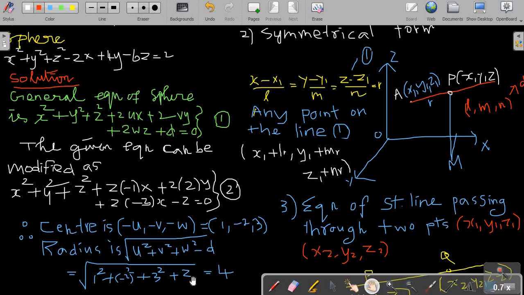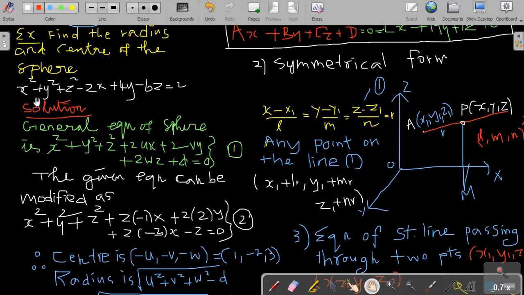If you add all of them: 1 plus 4 equals 5, 5 plus 2 is 7, 7 plus 9 is 16. So the square root of 16 is equal to 4. Am I correct? That's how we get the center as well as the radius for the given sphere.